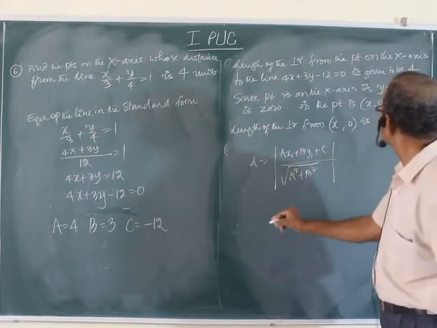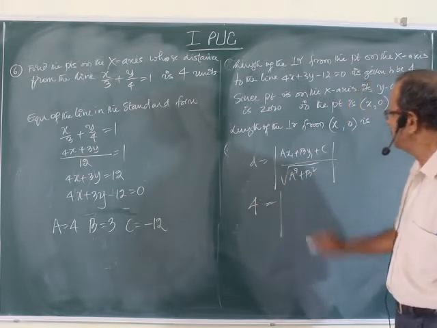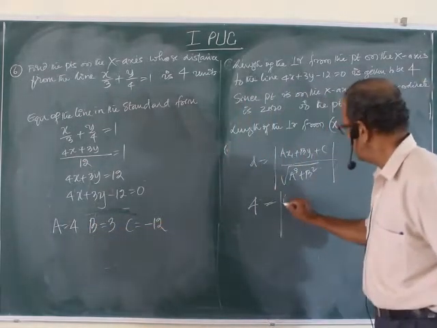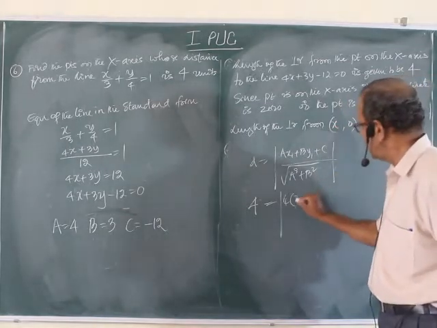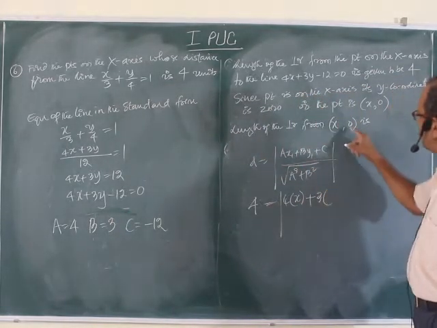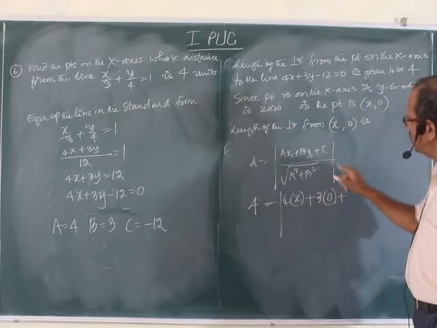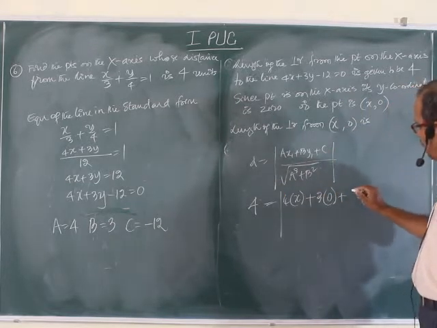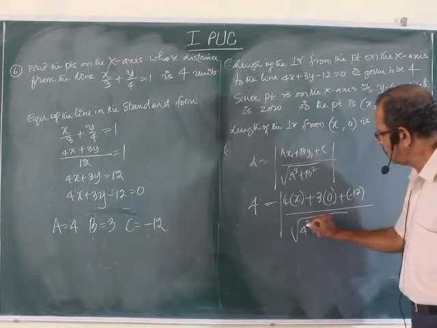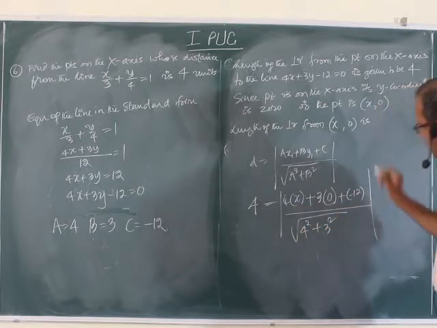This distance is given 4 equal to, A is again 4 into x coordinate x, B is 3, y coordinate 0, C is minus 12 divided by root of 4 square plus 3 square.